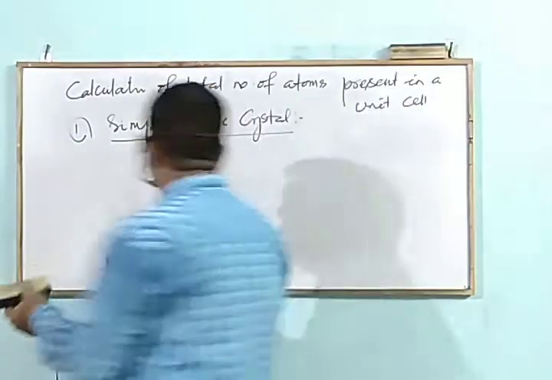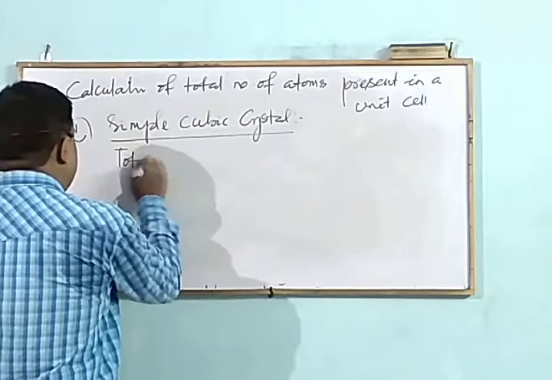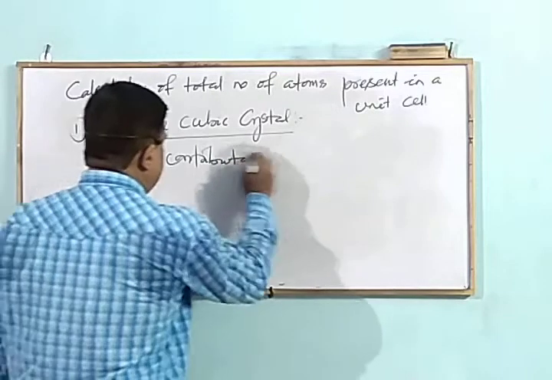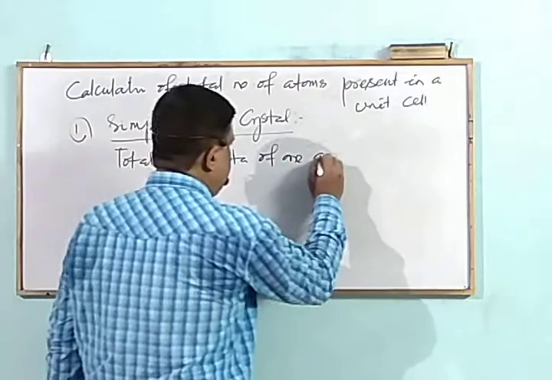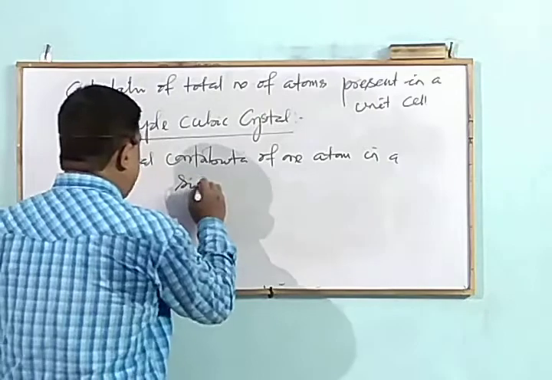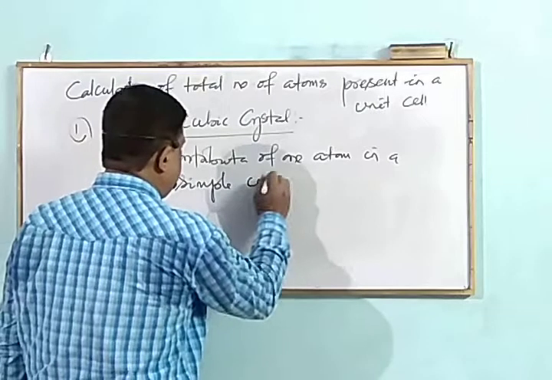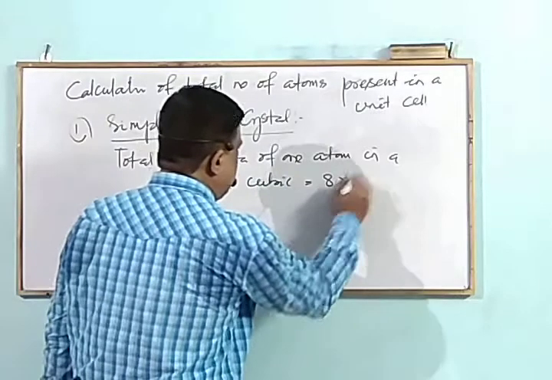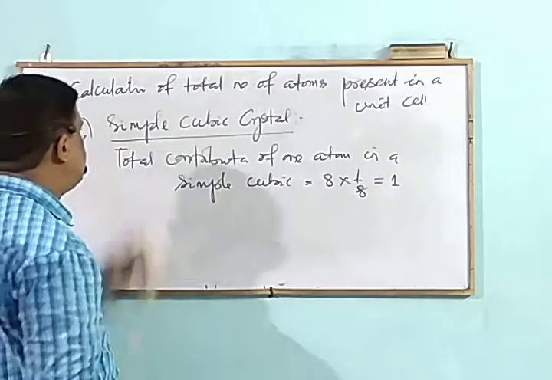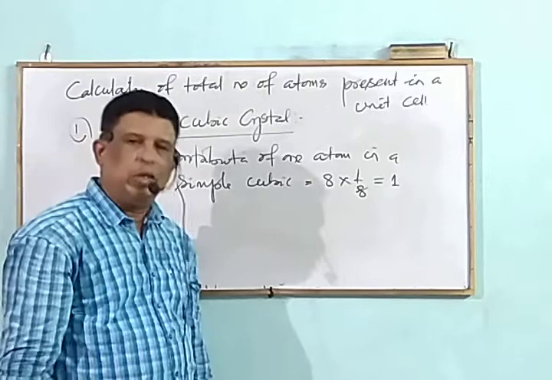Hence, the total contribution of atoms in a simple cubic is equal to 8 into 1 by 8 is equal to 1. This is for simple cubic.